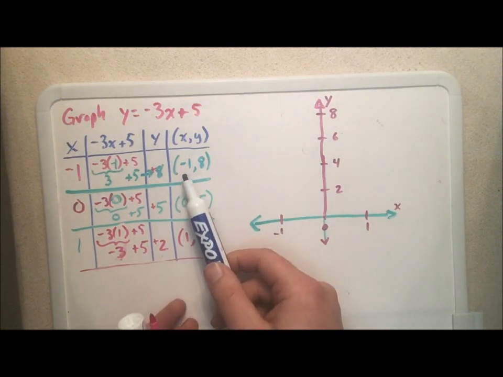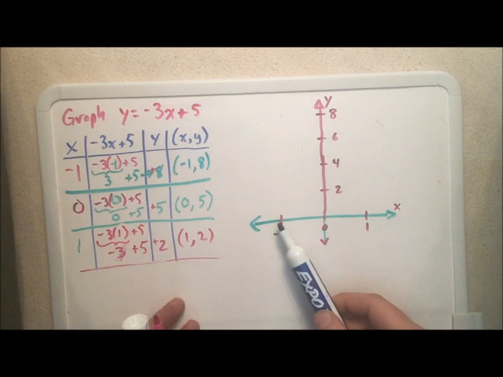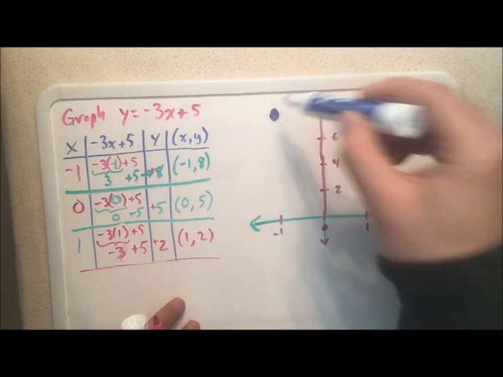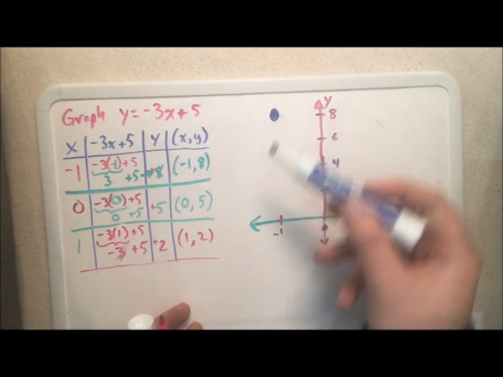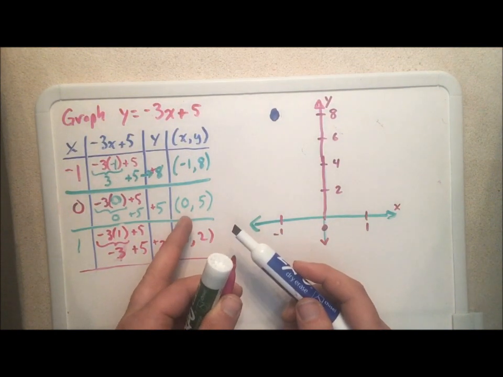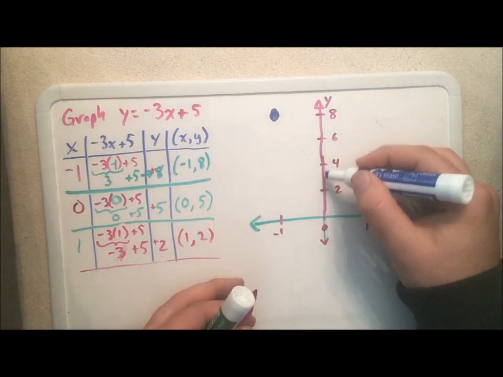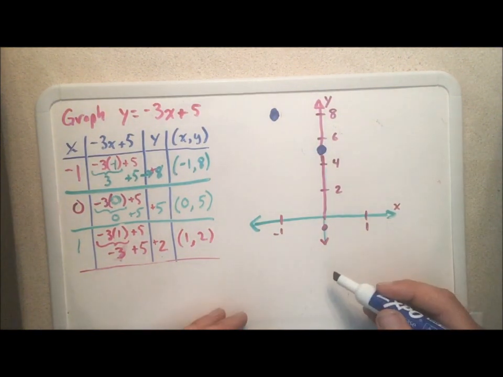So for example, when I'm 1 unit to the left, I have a height of 8. Okay, so left 1 and a height of 8. So there should be a dot right around there, something like that. The next dot, I'm neither left nor right, and I have a height of 5. So we have to estimate here. 5 is obviously between 4 and 6, so that's where that one would be.